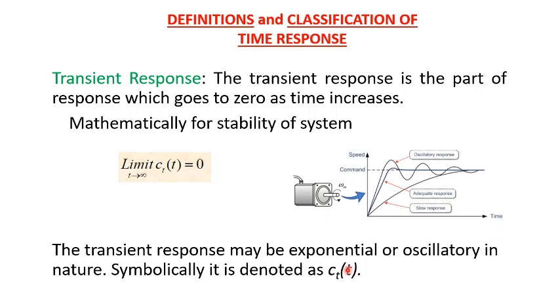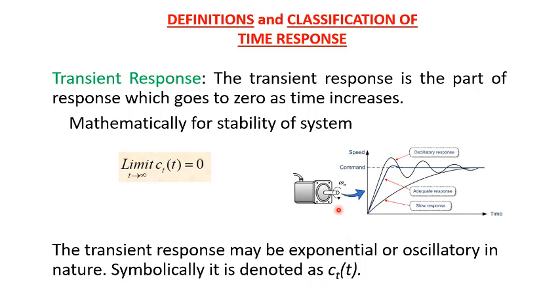Here we can see one example of a motor which is rotating with an angular speed omega m. When we plot the output response of this motor with respect to time and speed, the input command is a steady input, that is a step input, and the types of response we get from this motor are like this.